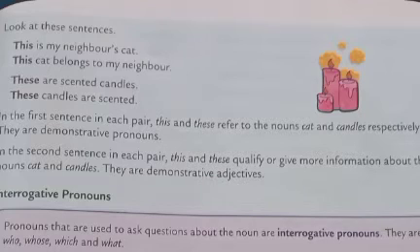These candles are scented. So we are saying more about the candles. When we are saying anything more about a noun, that becomes an adjective. So in these two pairs, the second sentences have demonstrative adjectives and the first sentences have demonstrative pronouns.